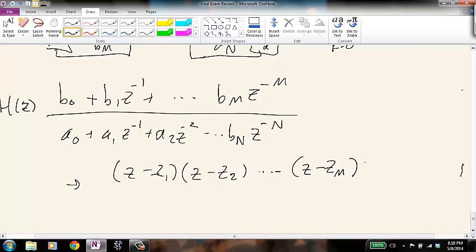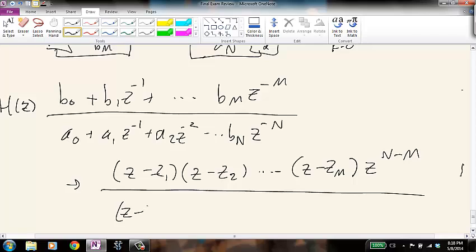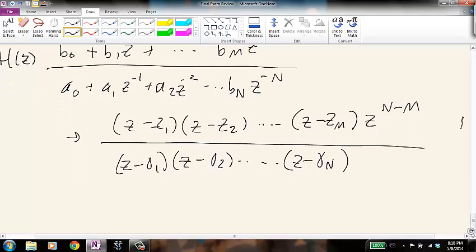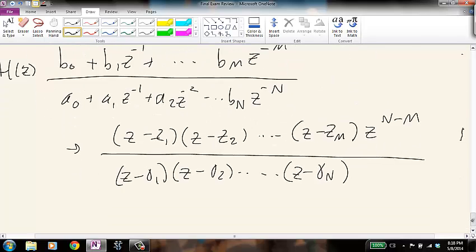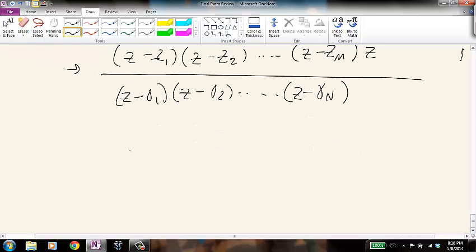So we have M zeros. And on the bottom we have N poles. Yes, and we can find the gain, we can find the phase. And when we're designing our filter, if we want to magnify things at f1, we'll put poles around f1, and we'll put zeros in places we don't want it to be high.